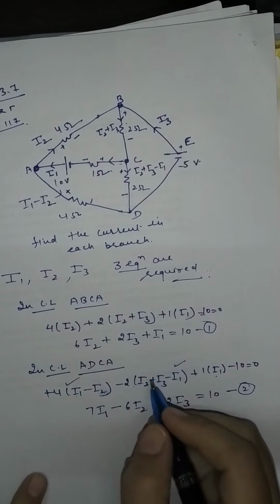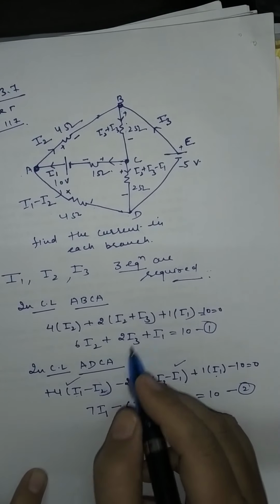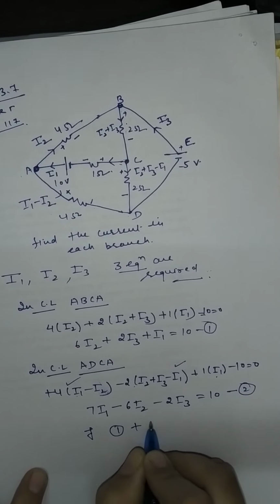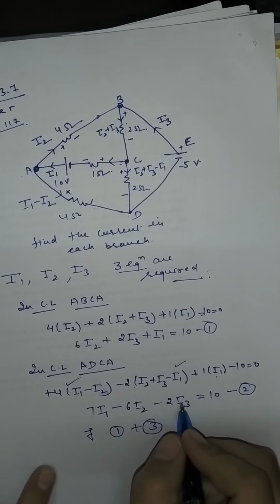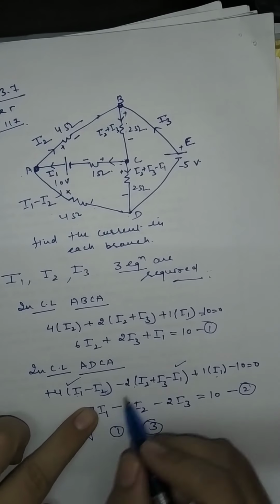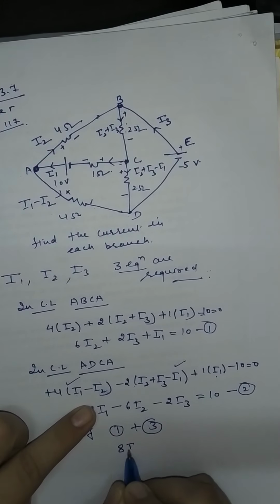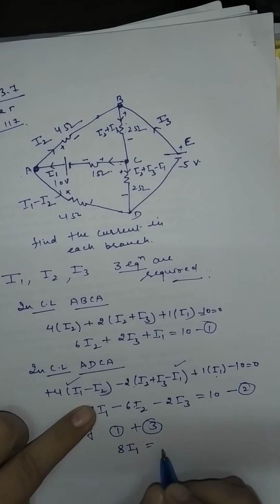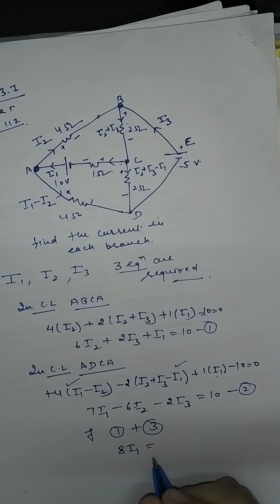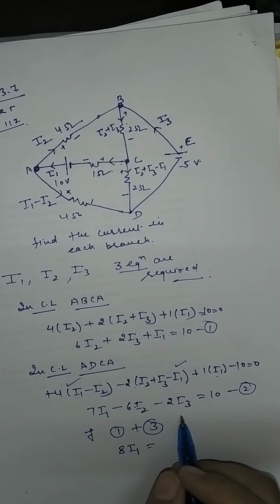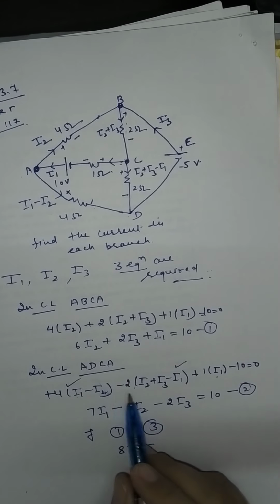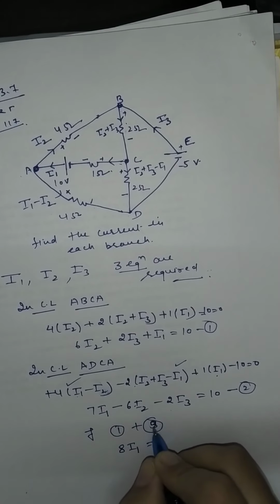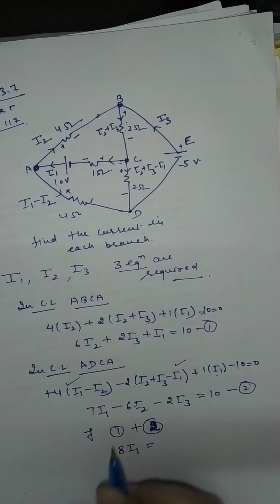Student, from 1 and 2 you can, if you add these two, तो ये 2I3 आपकी eliminate हो जाएगी. 6I2 भी आपका cancel हो जाएगा यहाँ से.